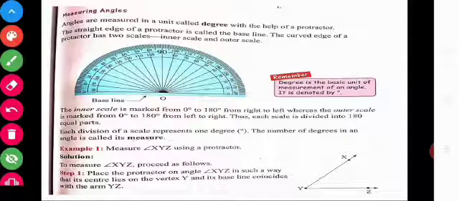Look at the example. Measure angle XYZ using a protractor. Already it is measured, so you want to find out the angle. How much? To measure XYZ, proceed as follows. Step 1.